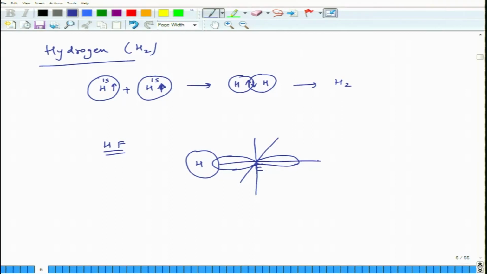You have a total of 6 orbitals. I am not drawing all the orbitals, but if I put them in a different color, you will have a spin, one spin up, another spin down, and this would make HF. This is again a covalently bonded molecule.